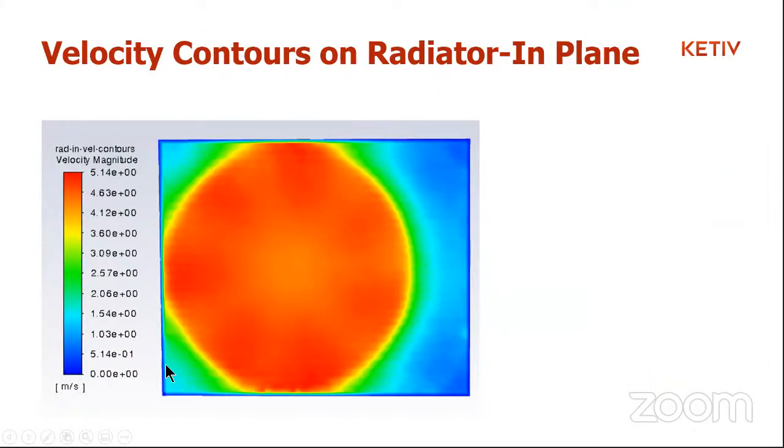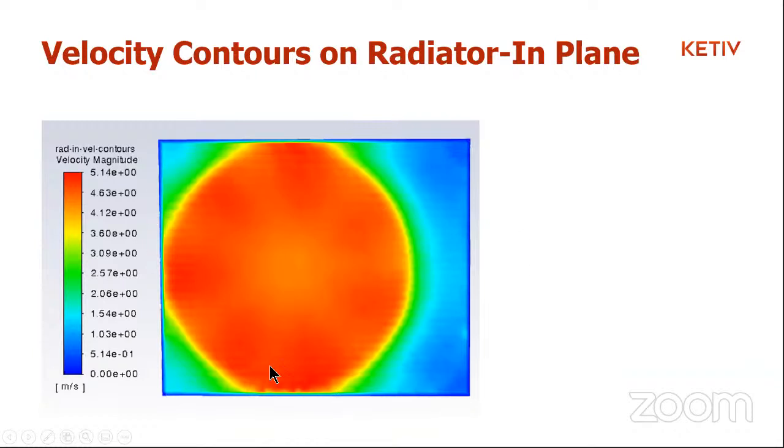If you look at the velocity contours on the radiator in plane, you will notice that the velocity is high in the region where the fan is situated. And then in the other areas, it's not that uniform. This is not good for a heat exchanger, because if you're getting this sort of a velocity magnitude contour and you're dividing the radiator zone into a uniform number of cells, then the amount of heat exchange that you get from an individual macro will not be uniform everywhere.